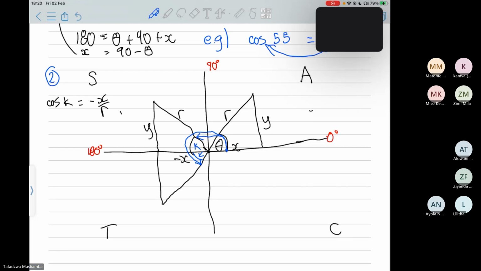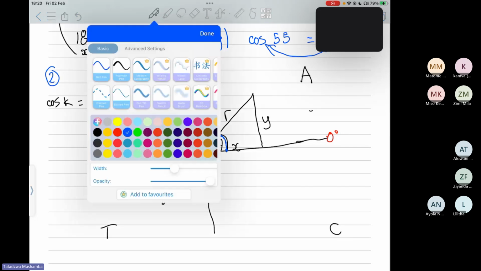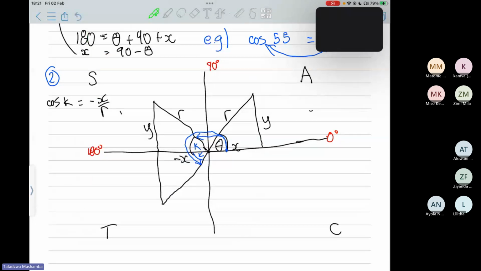Something I also didn't take note of is that in all of these quadrants, we started with theta here. In this one, it would be 180 minus theta, and the reason for that is that it's an obtuse angle. So whatever value for theta you have, you subtract it from 180 in this quadrant. And then in that quadrant, because it's above 180 degrees, it would be 180 plus that reference angle.